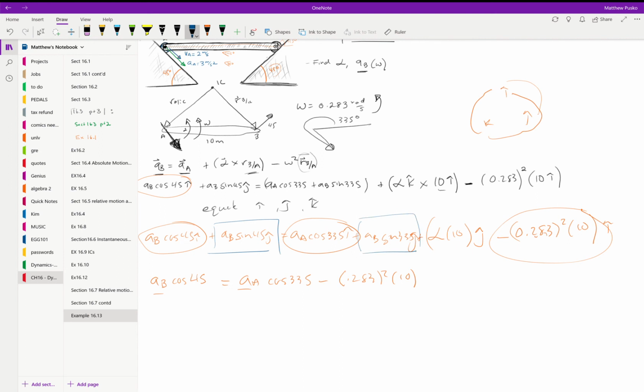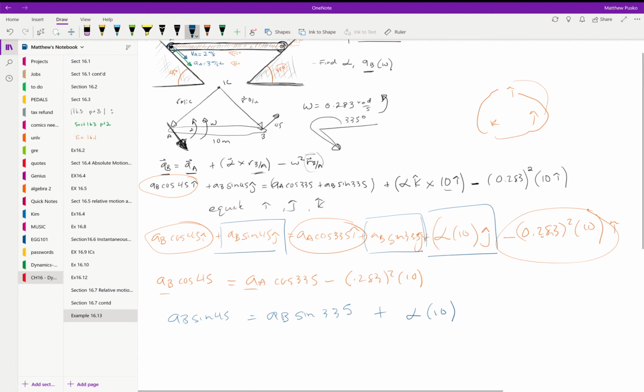On the left hand side I'll get AB sine 45, drop J, is equal to AA sine of 335. And we almost forgot that one, plus alpha times 10. So this is for our I's, this is for our J's.